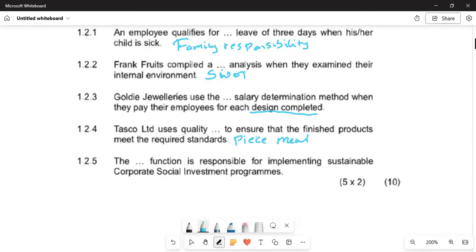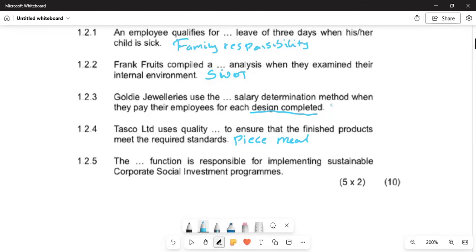They are paid according to the unit or item produced. Here we can see they are paid for each design completed. So that is why it is piecemeal.